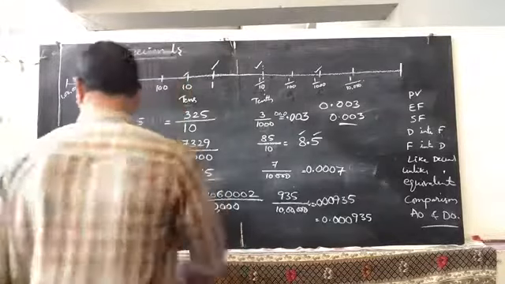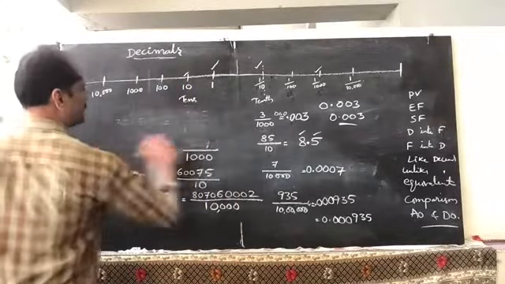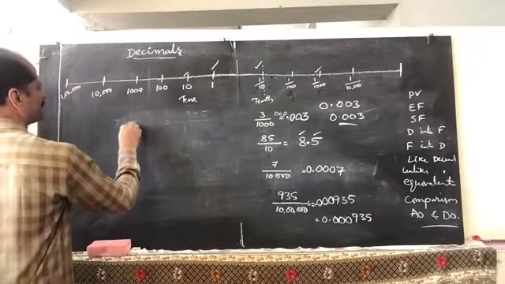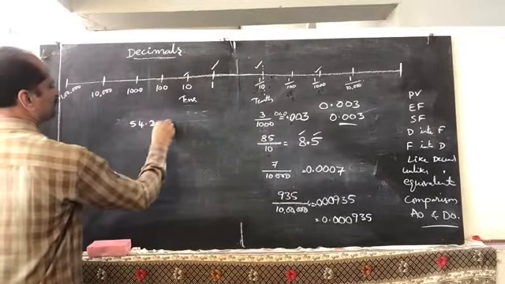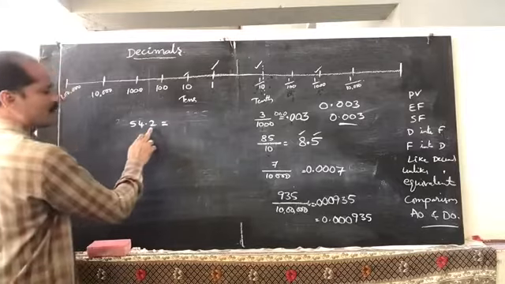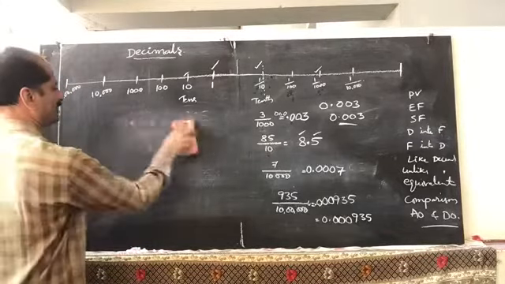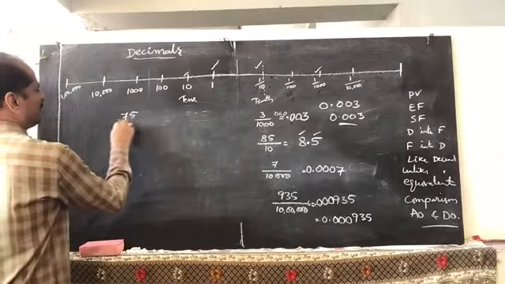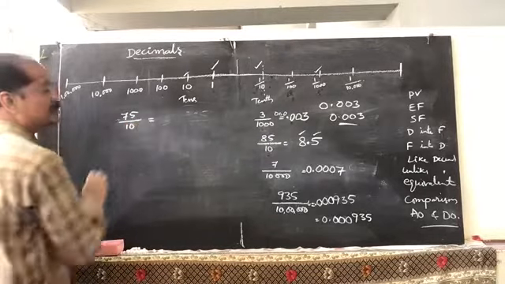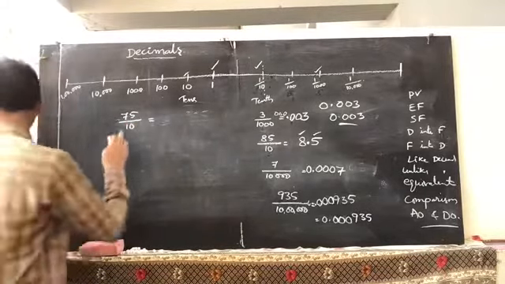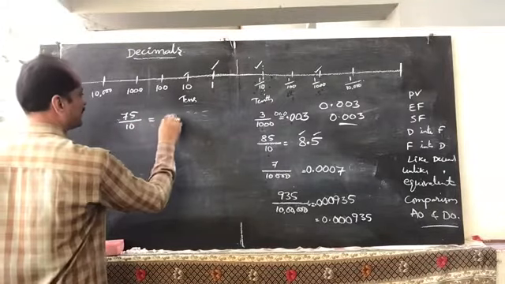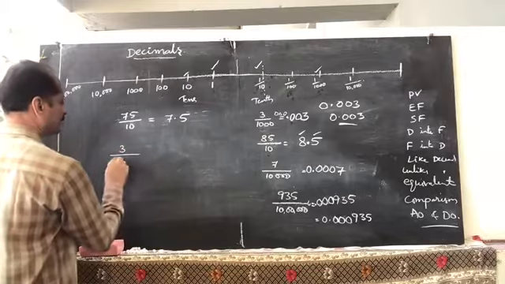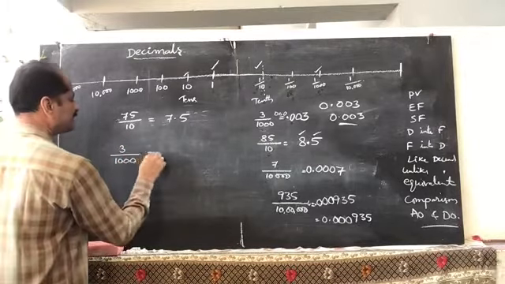Once again, some more examples for convenience. 75 by 10: 1 digit should be in the decimal part, so 7.5. 3 by 1000: 3 digits should be in the decimal part.